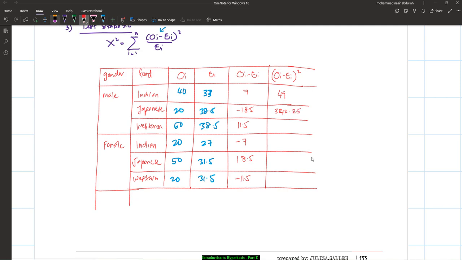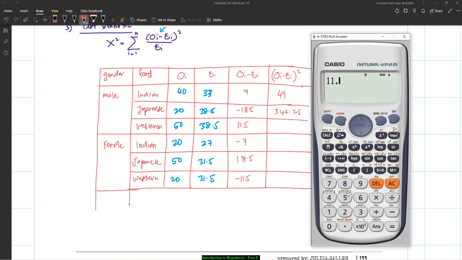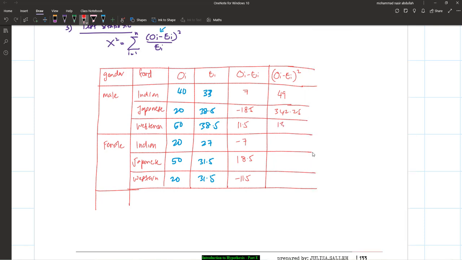Let me write it properly. 11.5 squared should be equal to 132.25. This is 49, this is 342.25, this is 132.25.